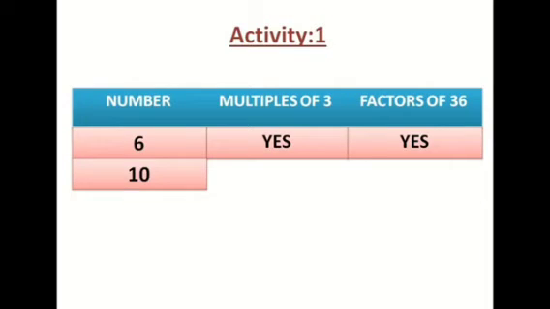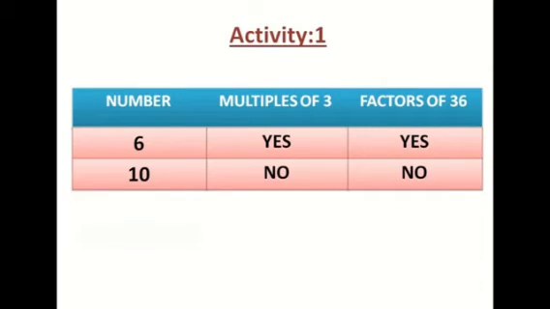So 10 is not a multiple of 3, so we'll write no here. Now check whether 10 is a factor of 36 or not, because you have already worked out all the factors of 36. Have you got 10 as a factor of 36? If you have checked, there is no factor like 10, so we'll write no here.